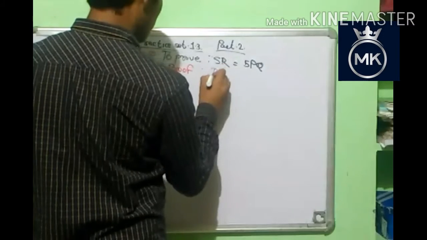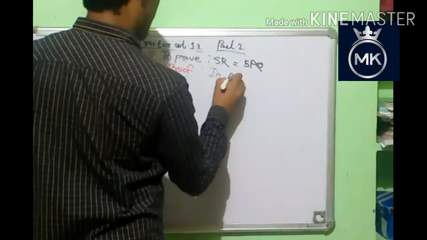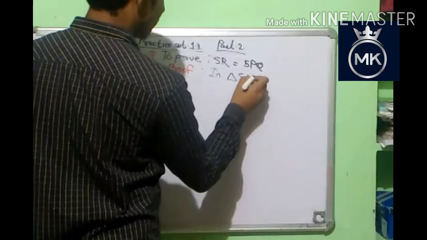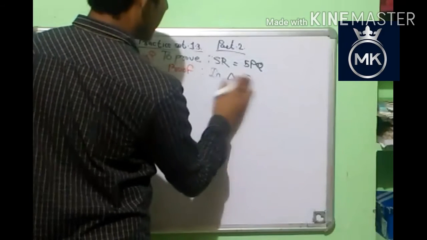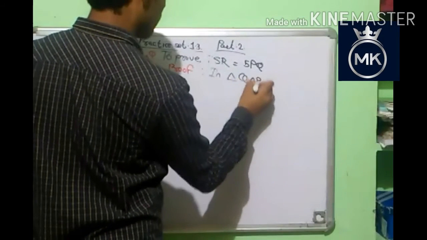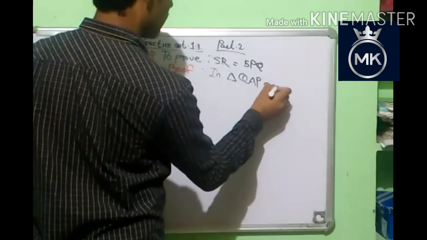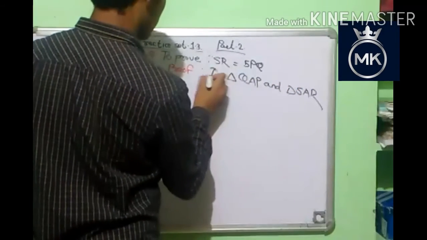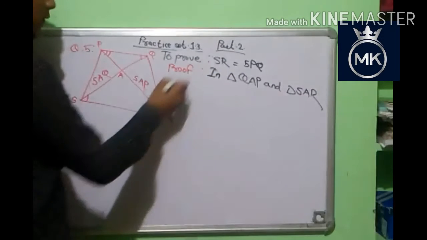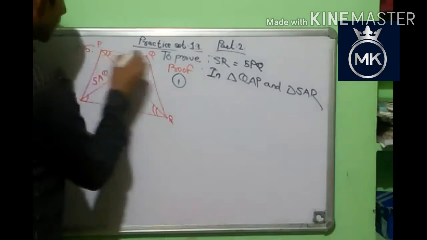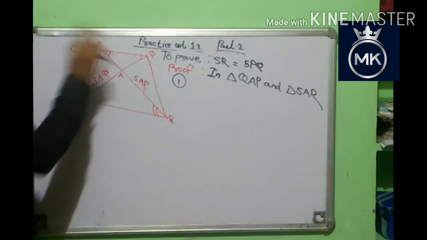So firstly, in triangle QAP and triangle SAR, to prove the similarity we use the alternate angles.